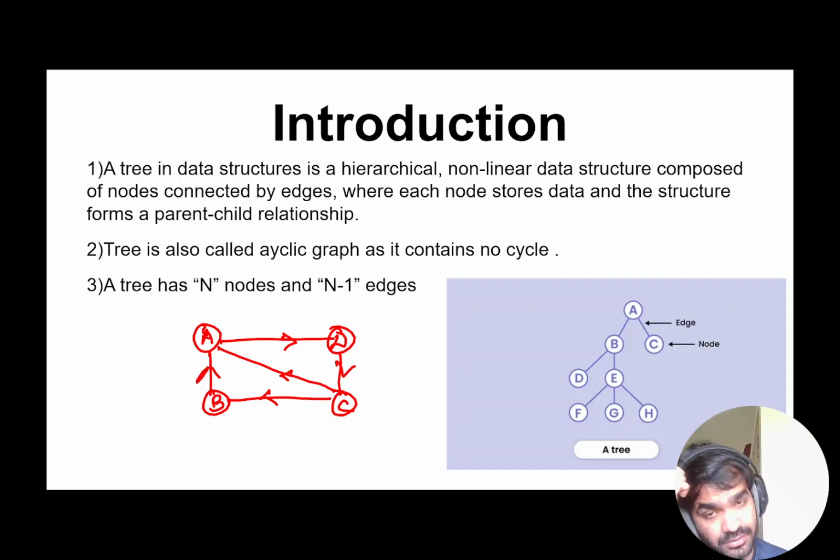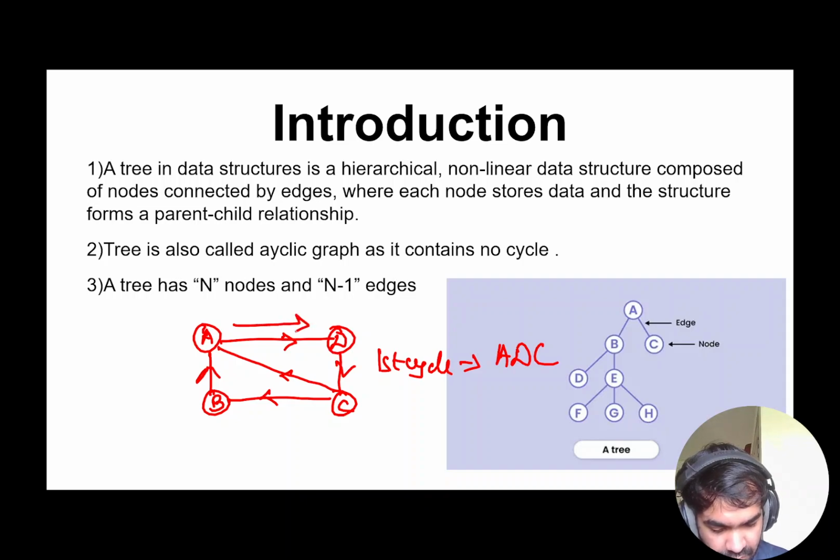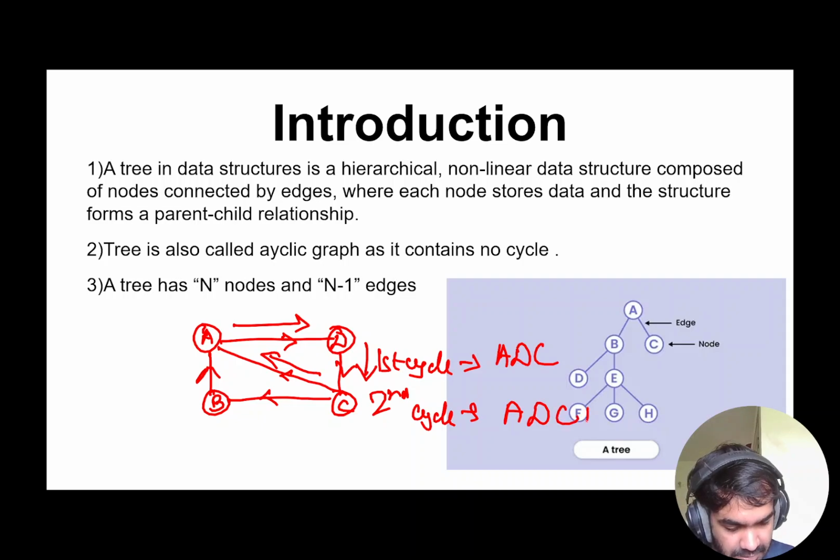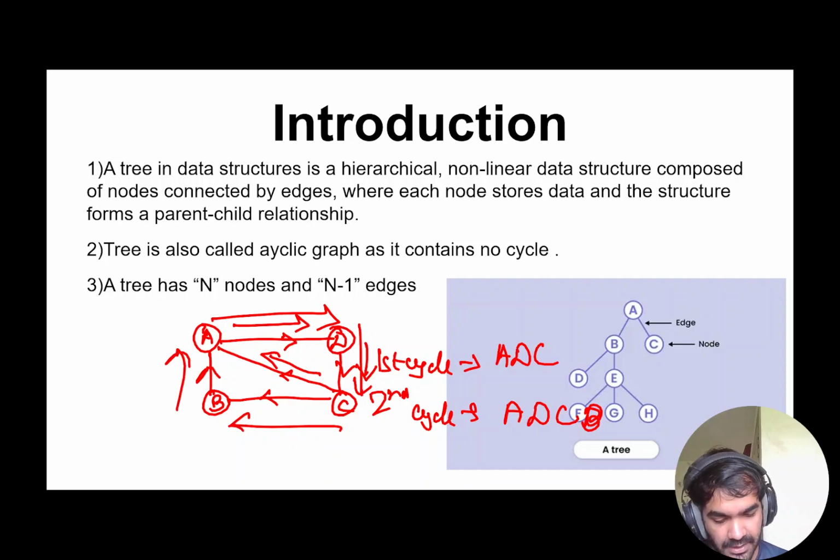This graph contains 2 cycles. The first cycle we can take as A, D, C: from A it goes to D, then D to C, then C to A. And the second cycle we can take as A, D, C, B: as it goes from A to D, D to C, C to B, B to A. It contains a cycle.